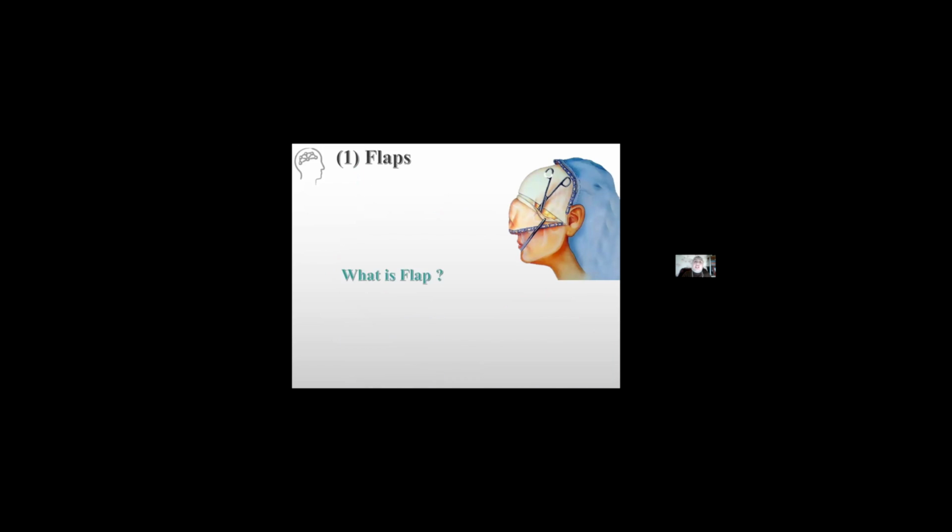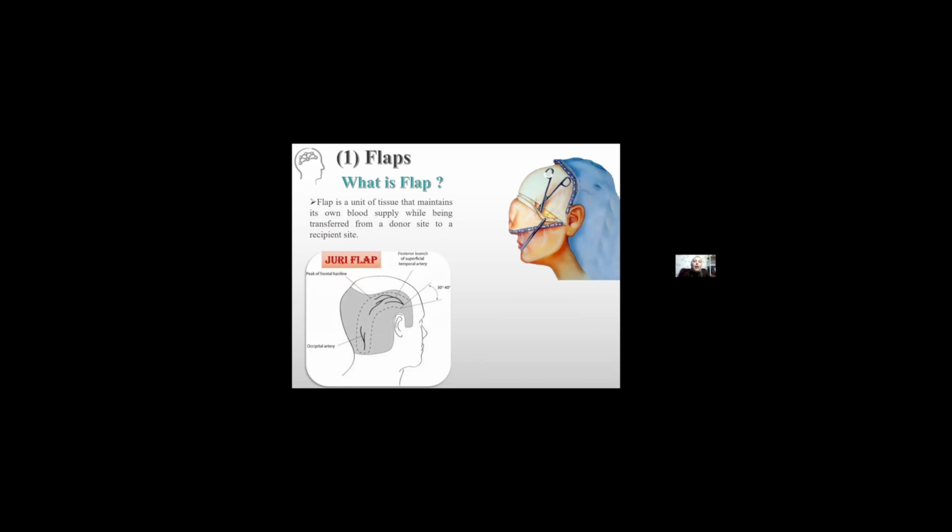Let's start with the first part, flaps. What is a flap? A flap is a unit of tissue that maintains its own blood supply while being transferred from its donor site to the recipient site. For example, here we have a Juri flap. The donor site for that flap is the temporoparieto-occipital region.